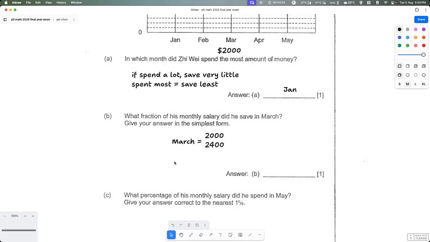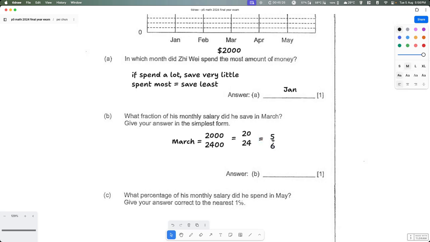In this case, we can simplify this. It's equal to 20 out of 24. We divide by 2, 10 out of 12. Now we just put 20 out of 24, divide by 4. Then it should be equal to 5 out of 6.